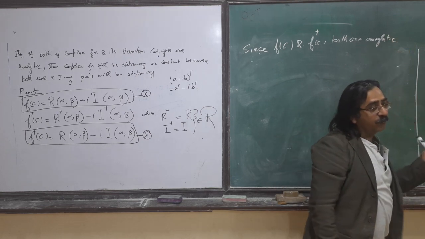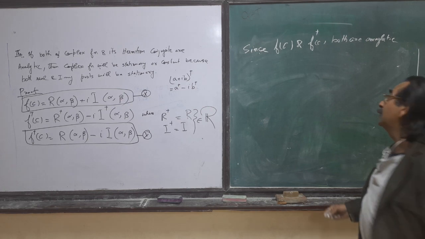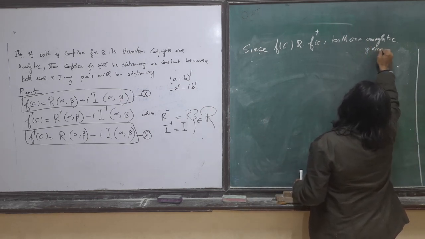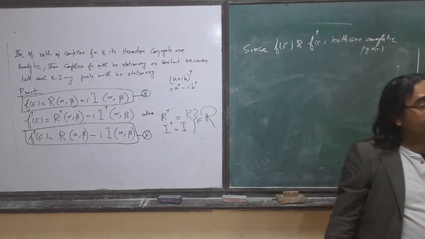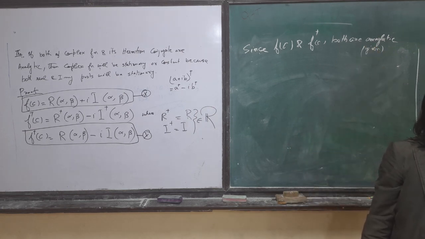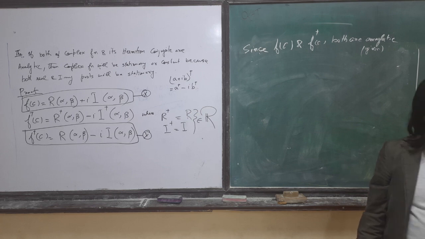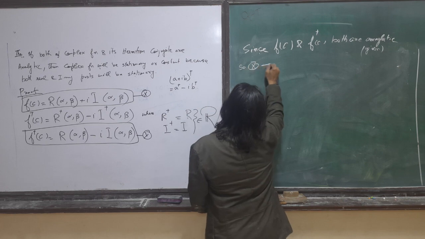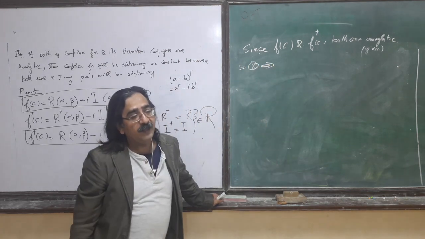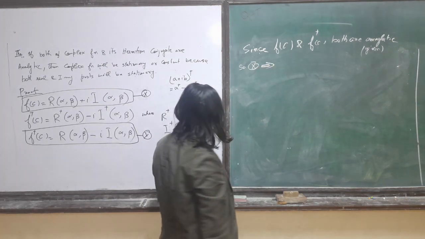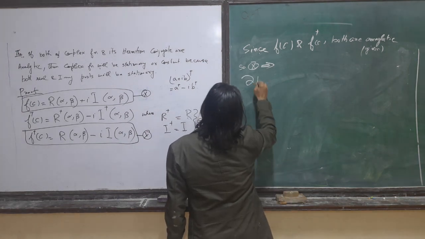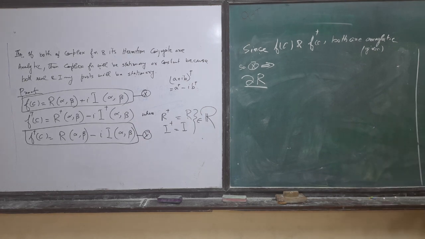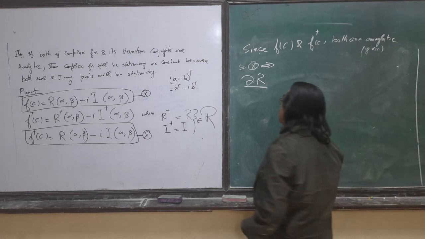If both are analytic, then that will be constant. If they are analytic, then they will satisfy the Cauchy-Riemann conditions. So X implies that we have to prove that they are stationary. That must be the result.